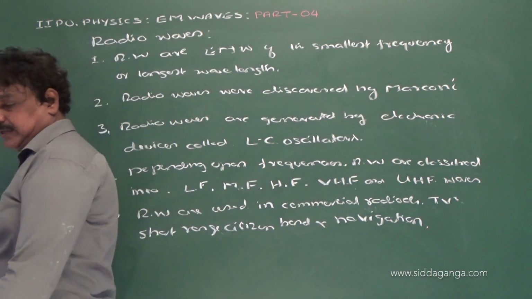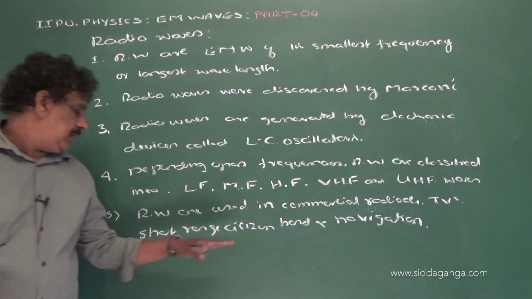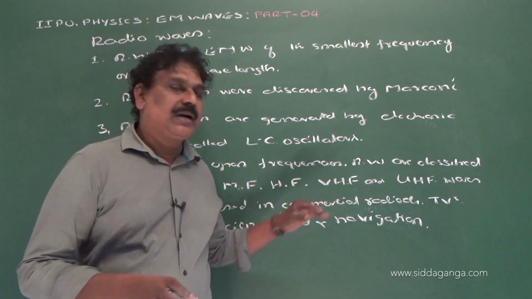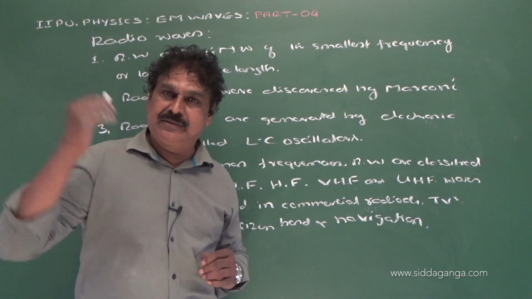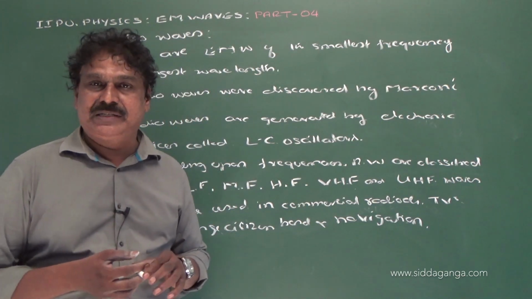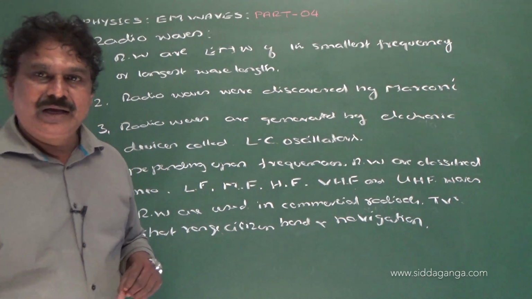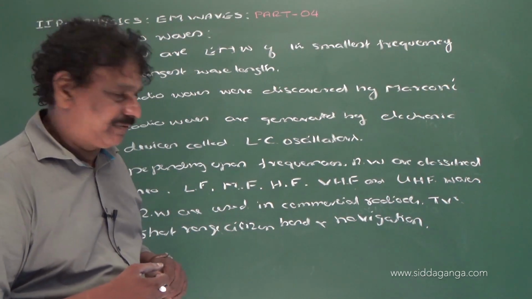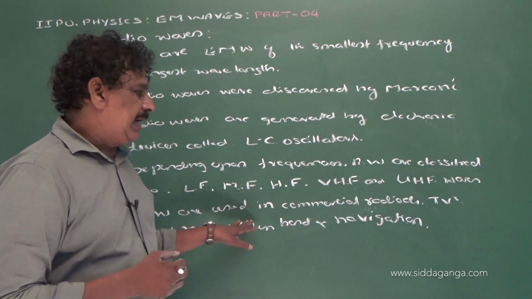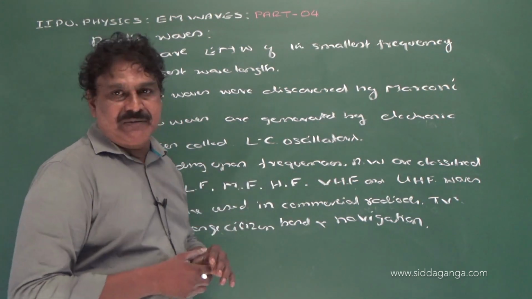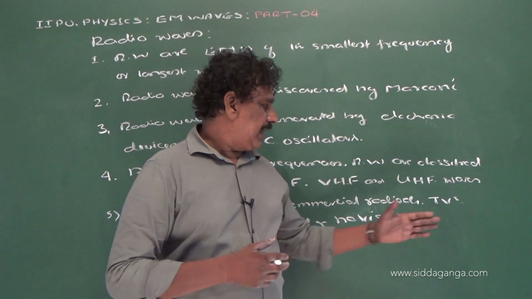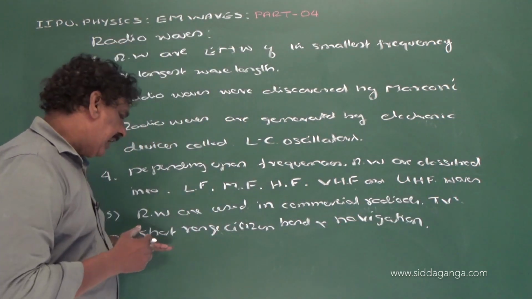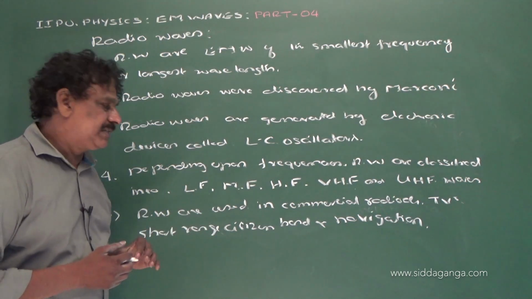Now these radio waves are used in commercial radios. Earlier, before the TVs, we were using radios. They are one of the most important media of communication, and they are used in TVs. But nowadays, we are also using microwaves and short range citizen band.